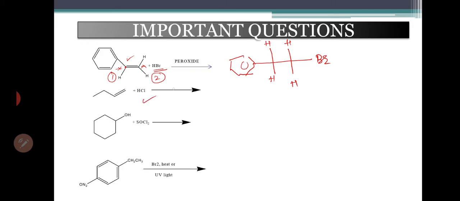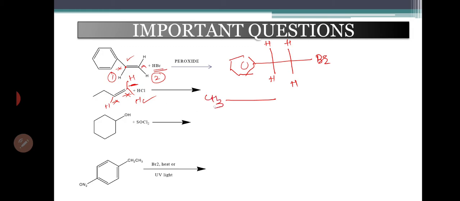Now next is HCl and alkene again. This is the addition of HCl to a double bond, but this will follow the anti-Markovnikov rule because this is taking place in the absence of peroxide, right? These are the double bond where the addition reaction takes place. There will be one hydrogen here and 2 hydrogens in this case. So by the anti-Markovnikov rule, again this carbon will be preferred. So we'll get CH3, CH2 and CH3, I'll draw it like this.